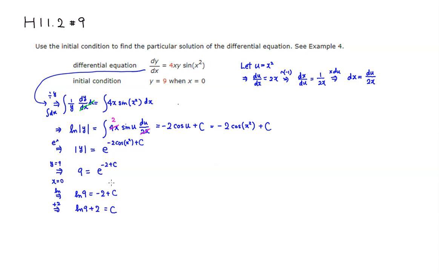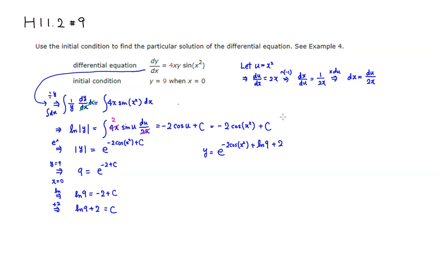So we're almost there. y is equal to, in this case y is going to be a positive value, so it's okay, e to the negative 2 cosine of x squared plus c, and c came out to be natural log of 9 plus 2.